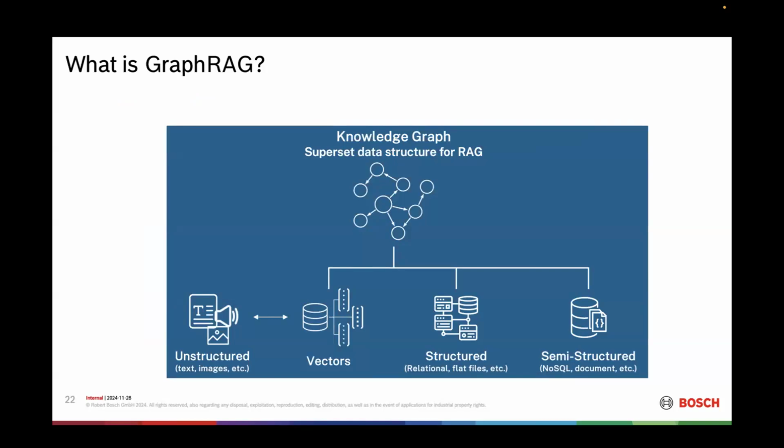And when we're talking about graph intrusion into the RAG area, we are talking about graphs that can be used as a way to aggregate data, like a superset of data, to put structured and semi-structured data together.